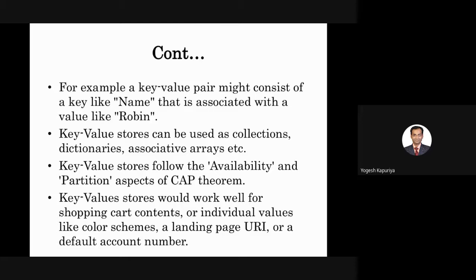Basically a key is a name and the value is Robin, but you can't have name repetition. A good example is, let's say, your entire data is being maintained on student data, and your enrollment number is a key. So enrollment number, and then you have the information of that student. That is an example of a key value database.